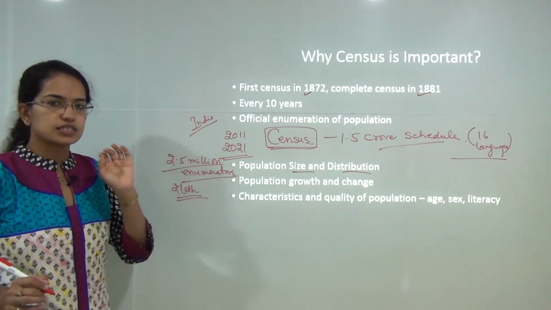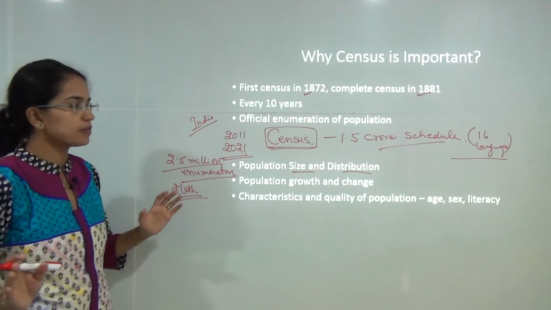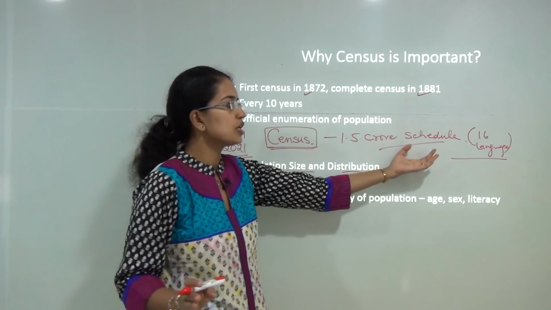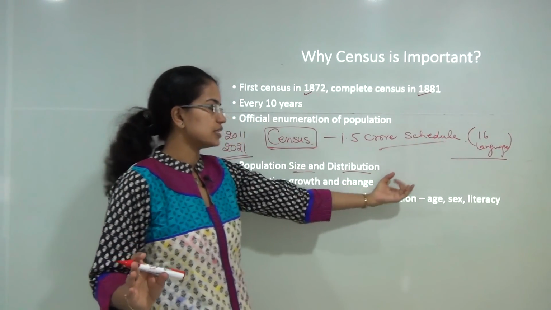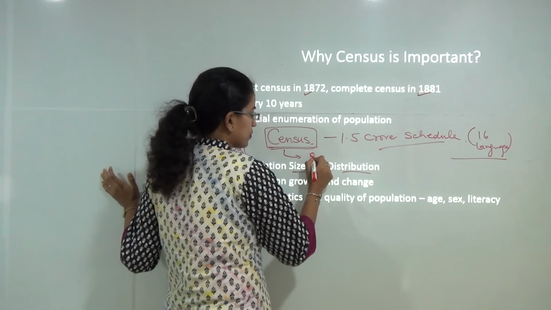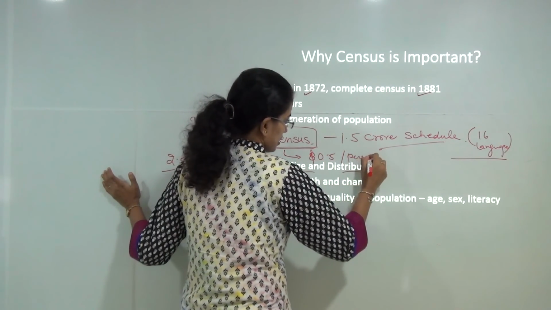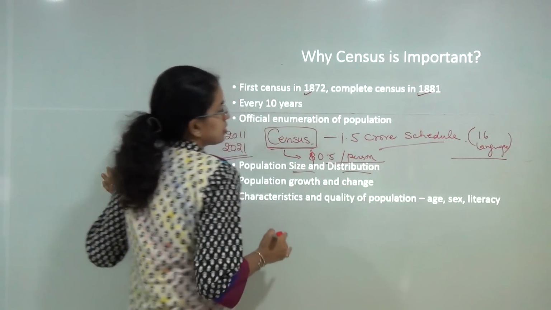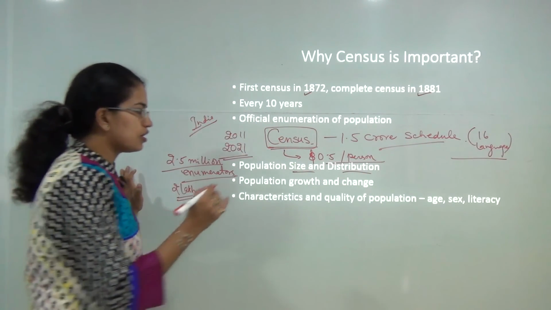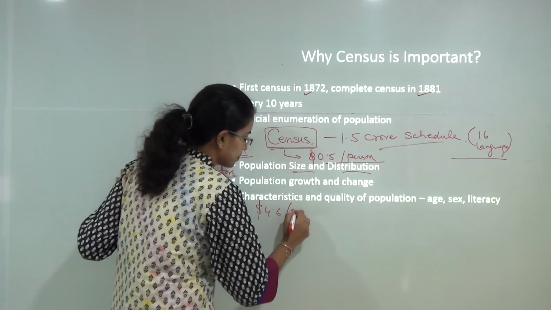And the most interesting part is India, accounting for such a huge population with such a huge number of schedules for the census, has a total burden of $0.5 per person, in contrast to the world average, which is $4.6 per person.